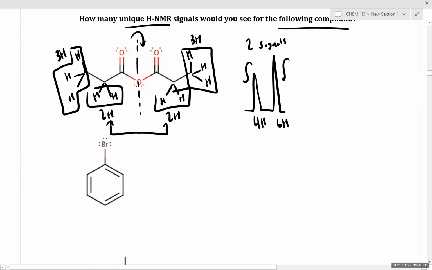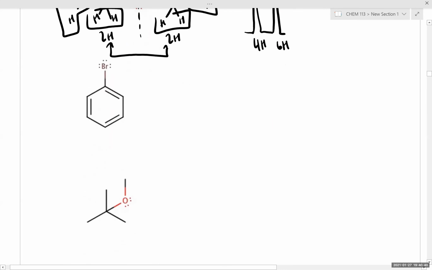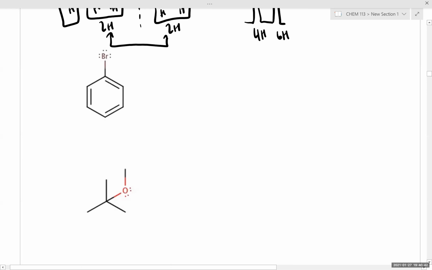So let's try to apply what we've learned to the following 2 examples. For A and B, I'd like you to tell me how many unique signals we would see, and label those unique signals using the annotate tool.